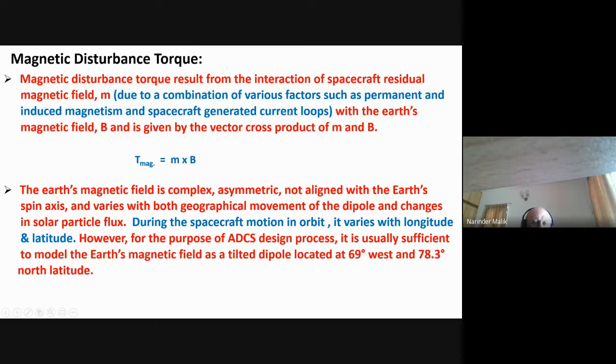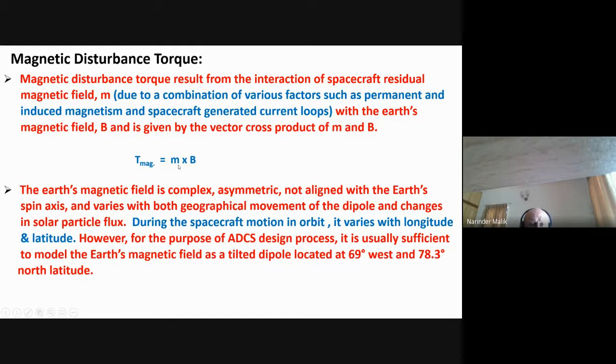There are various circuits, current loops, and the magnetic field will be produced by those loops. So the residual field of this spacecraft will interact with the Earth's magnetic field and produce a disturbance torque, which is nothing but M cross B.